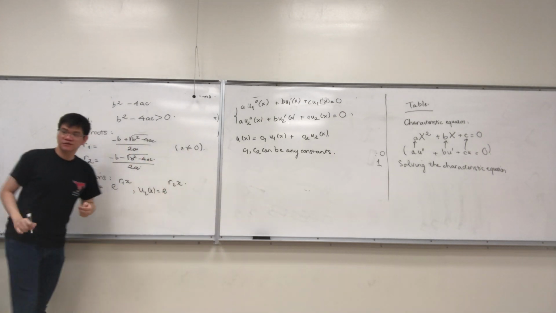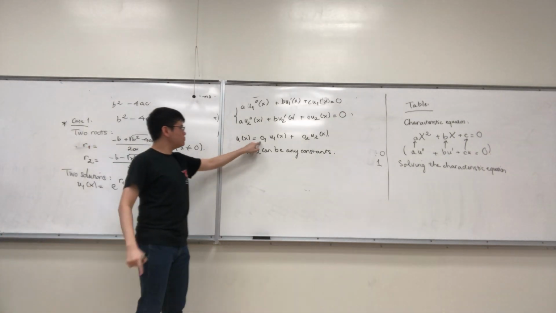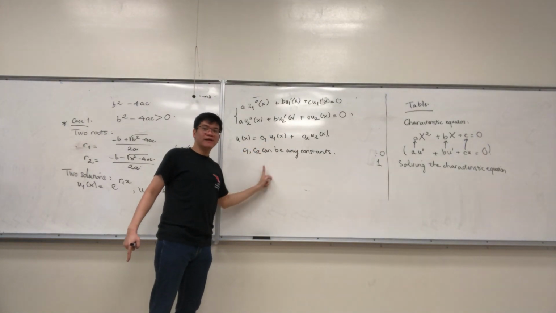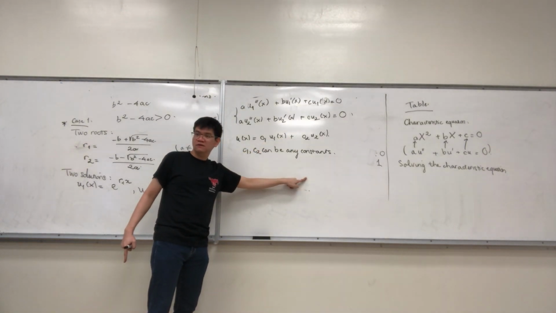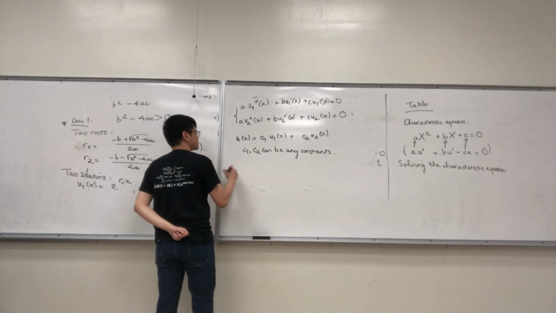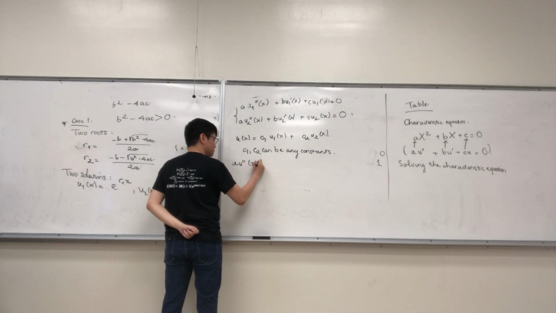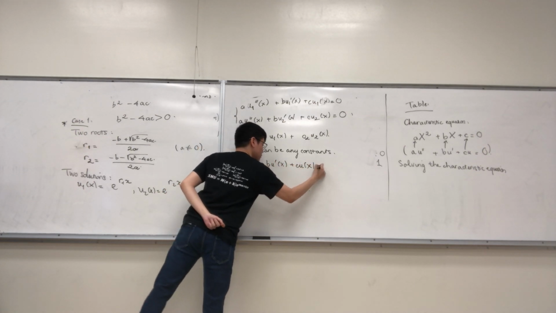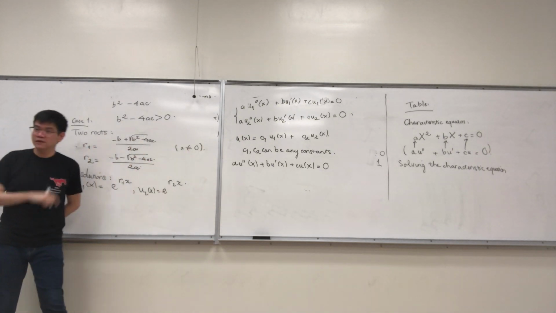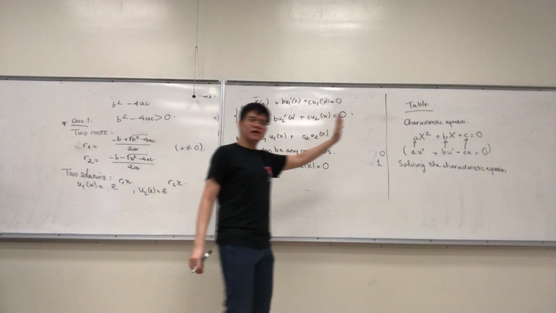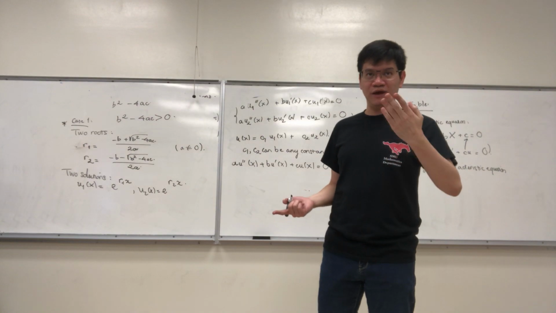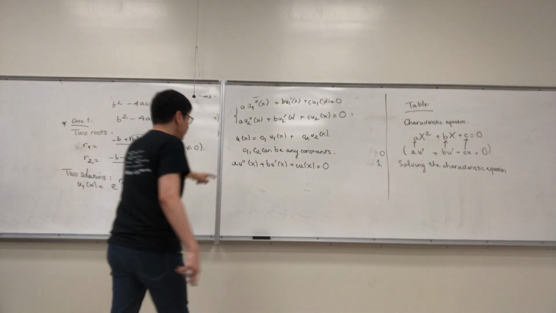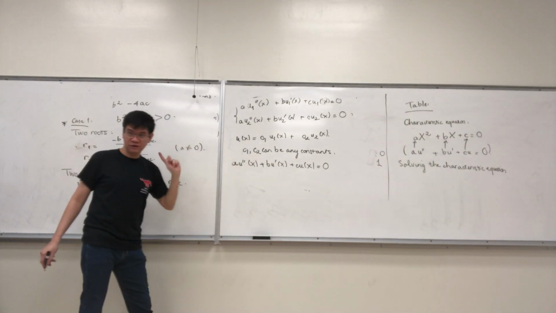So you're gonna have a u second plus b u prime plus cu. Right. So this is similar to the case where in the first order differential equation you have exponential of x, or 2 exponential of x, or 3 exponential of x. So to identify c1 and c2, you need the boundary condition, right?